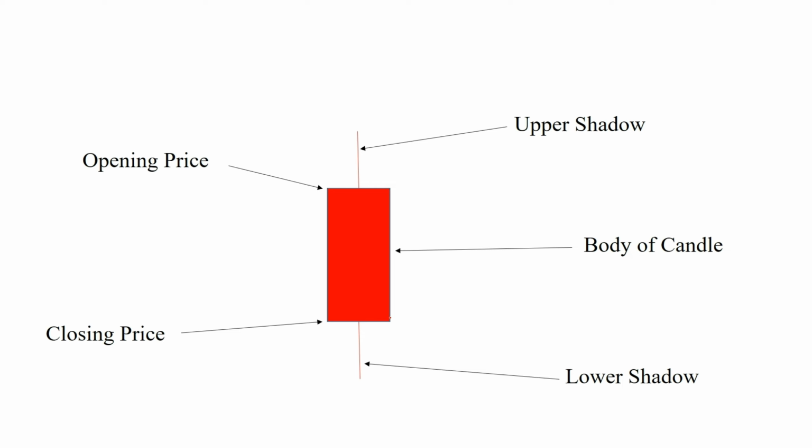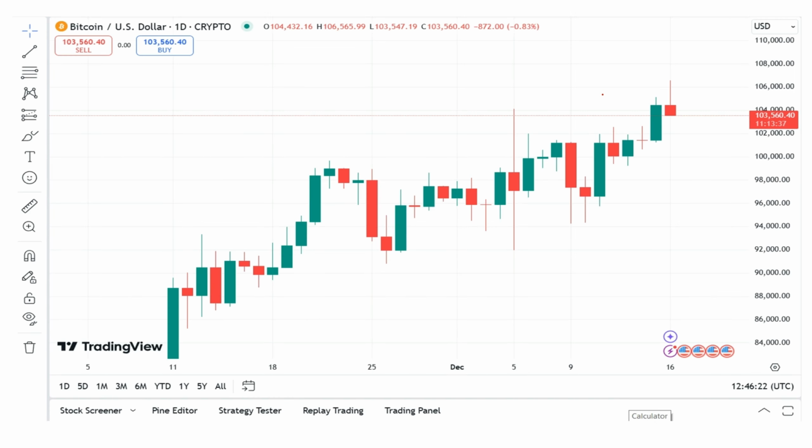Next I'm going to show you a real-time example of a red candlestick, from Bitcoin for today's price of Bitcoin. For example, in this candle the opening price is about $98,000, and in this candle sellers were stronger than buyers, and as we can see, from $98,000 it decreases to approximately $93,000.